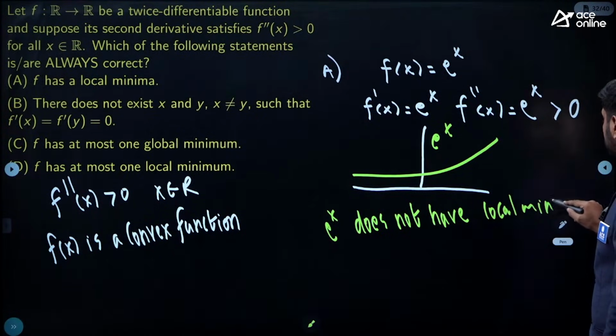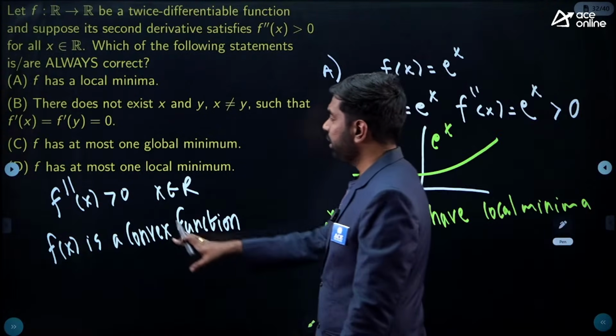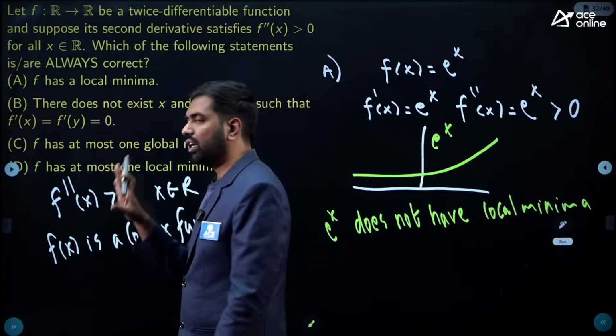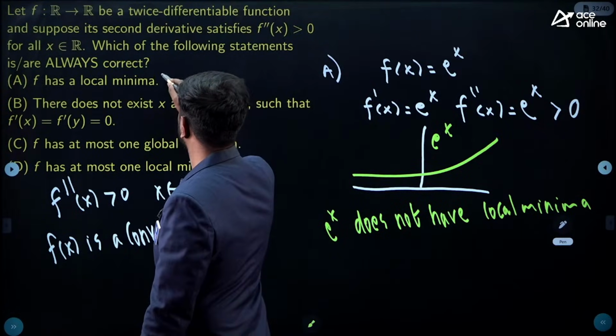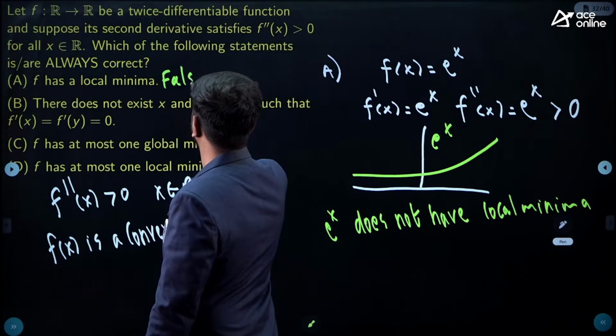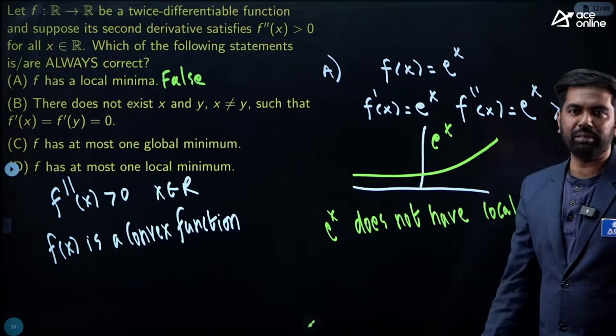But they are saying the moment it satisfies f double dash of x greater than 0, it has a local minima. This need not be true always. So this is not true always, hence this is a false statement, and here we have a counter example for that.